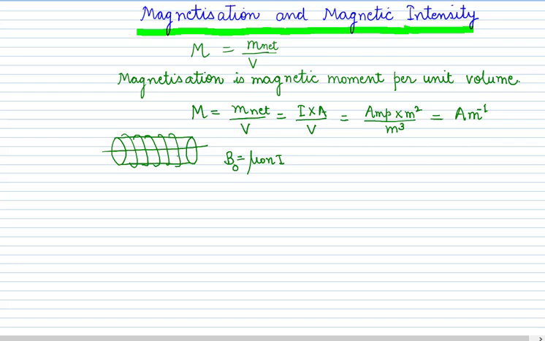So if there is magnetic material inside the solenoid, it will also get magnetized. So now the total magnetic field will be the sum of the initial magnetic field plus the magnetic field due to that magnetized material. This is our initial magnetic field of a solenoid and this is due to the magnetic material we have inside the solenoid.